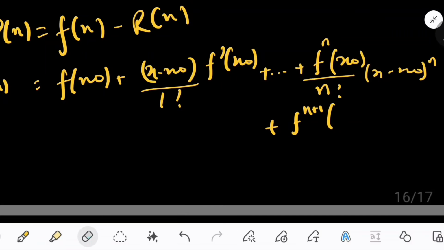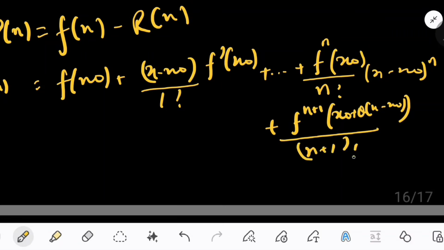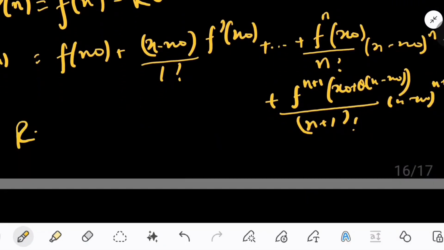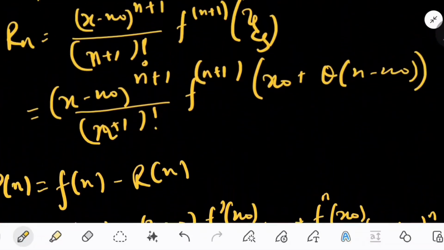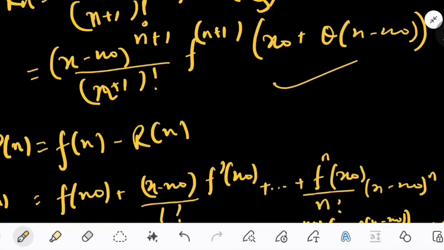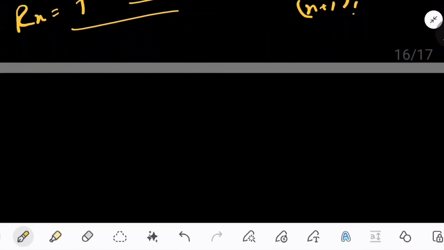Well, I don't think it needs to be written, but let's write plus theta into (x minus x naught) by (n plus 1) factorial into (x minus x naught) to the power n plus 1, right? My writing is not good over here, but I hope you understood that it is simply R(x). R(x) is equal to the (n plus 1)th derivative of this expression that I had written over here, right? Okay, we will see some questions on it and then we'll wind up.